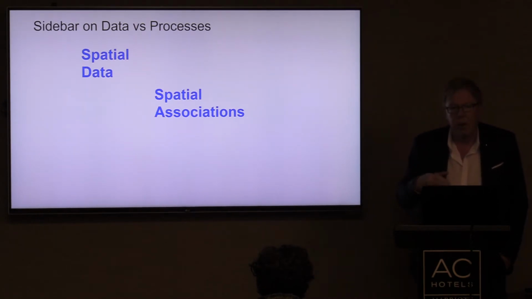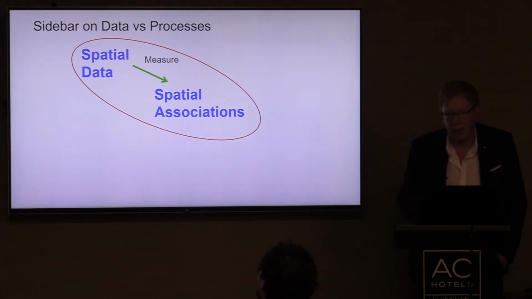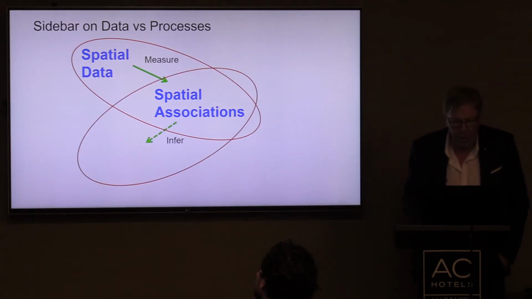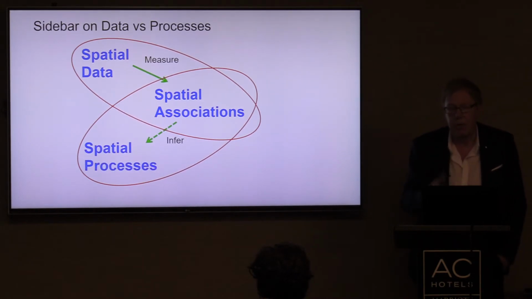It could be an autodependency function, or it could be regression coefficients between attributes, or it could be correlations, etc. But we can measure these things. Okay, that's out there. From these associations, we must infer something about spatial processes, which we cannot see. But we know these spatial processes are the things which are determining the data that we measure. We just can't see them.